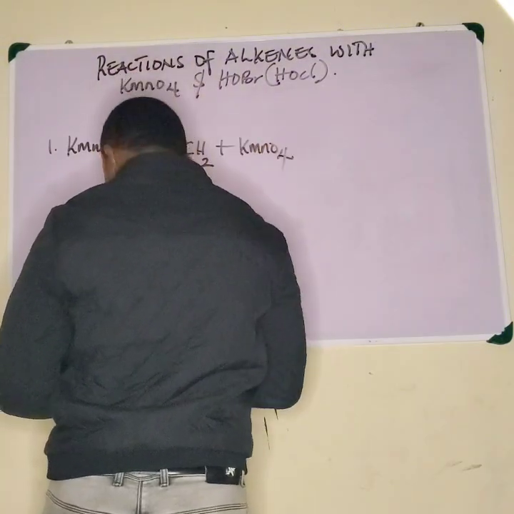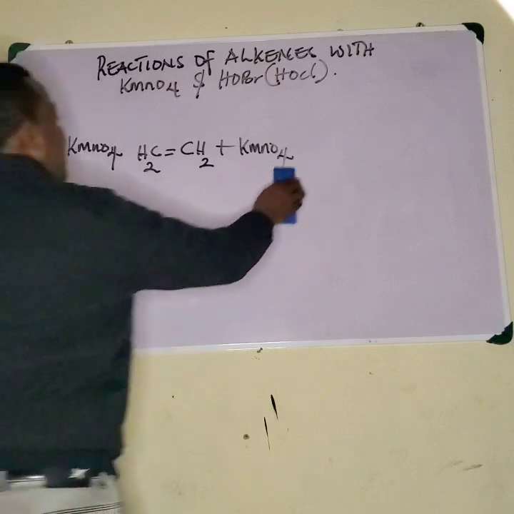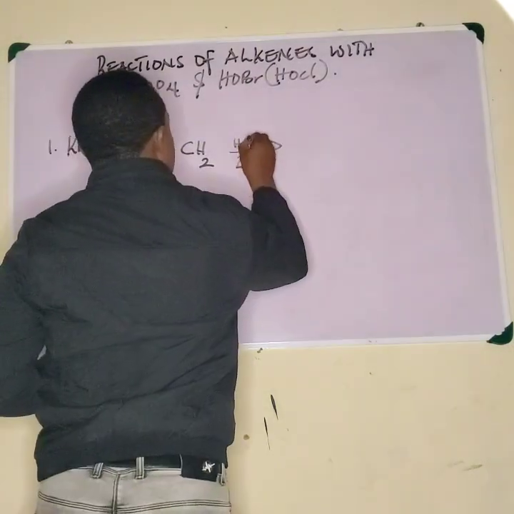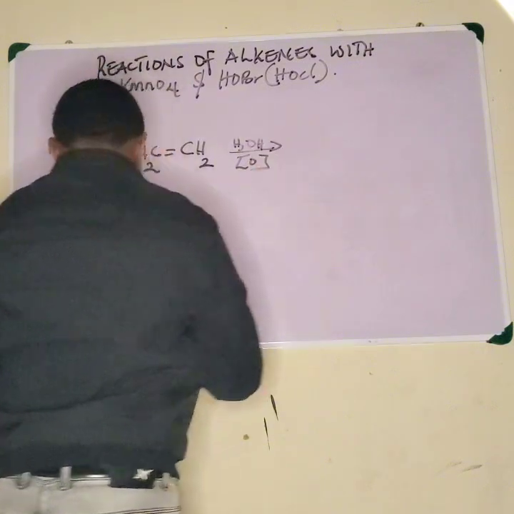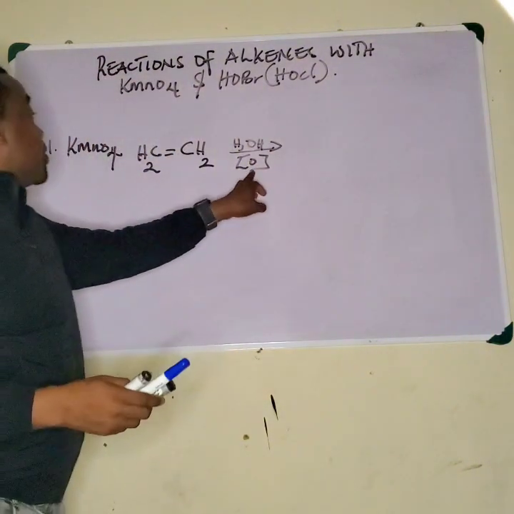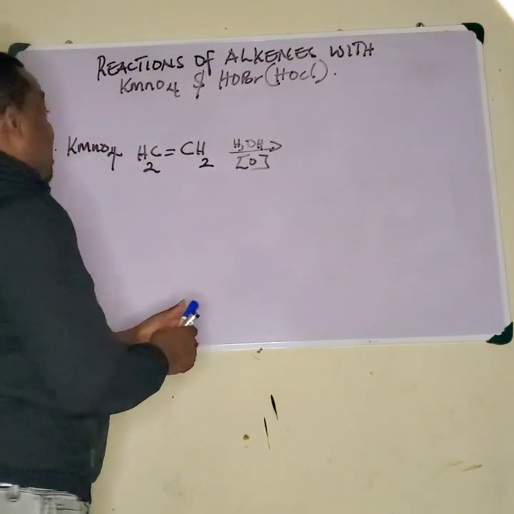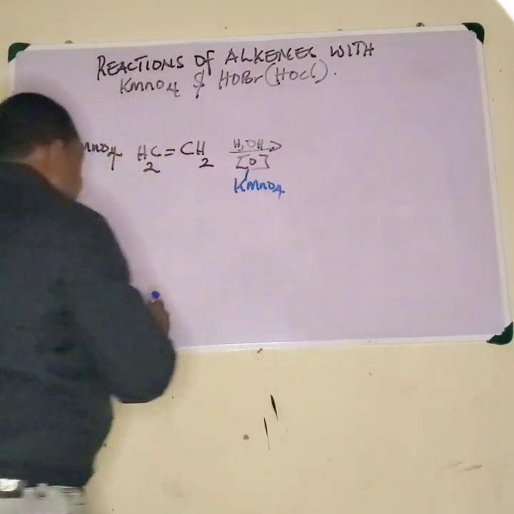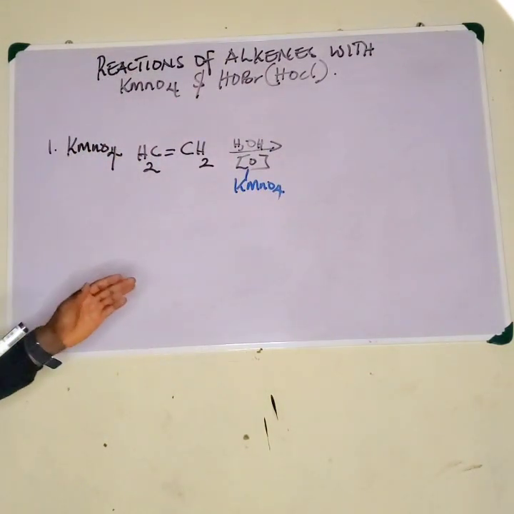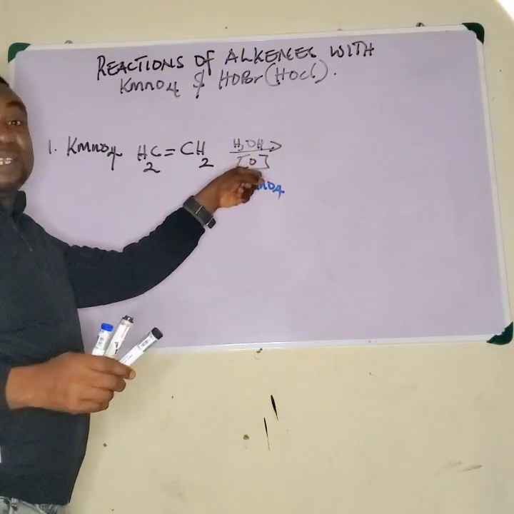In this reaction, we don't always present it this way. Wherever you see this, it signifies that this is KMnO4. We don't write it in full in this reaction.